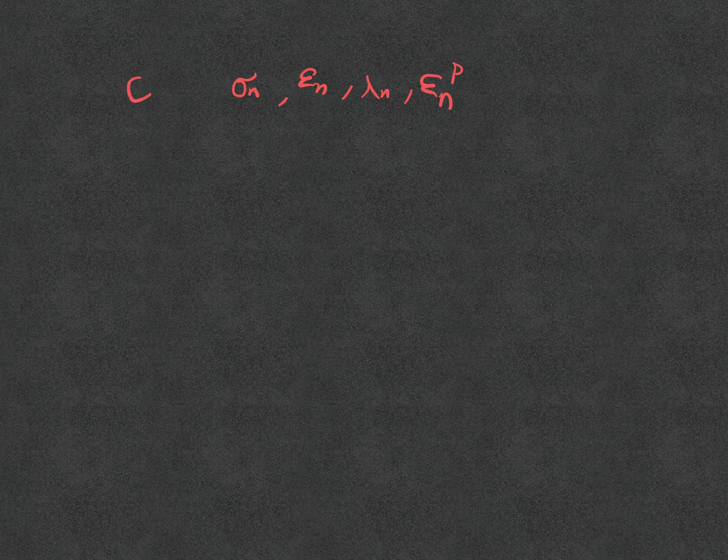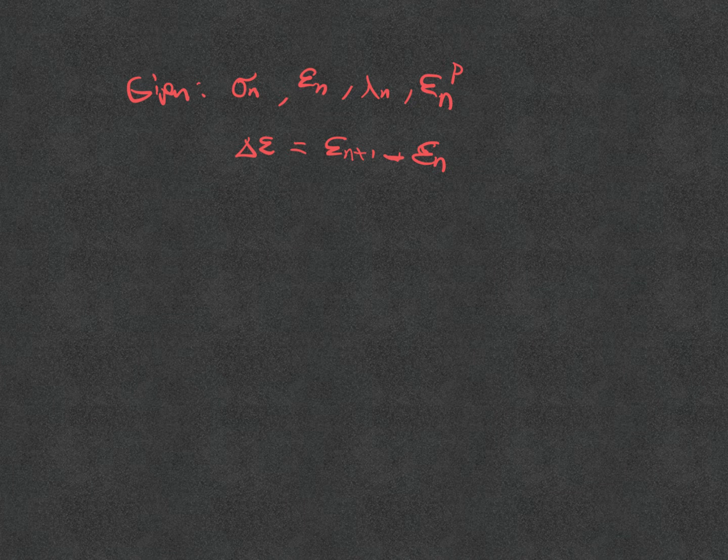Those are given. And what else should be given? Now I need to load the material a little bit more, which is the delta epsilon, equal to epsilon n plus 1 minus epsilon n. So in a computer, everything is incremental.